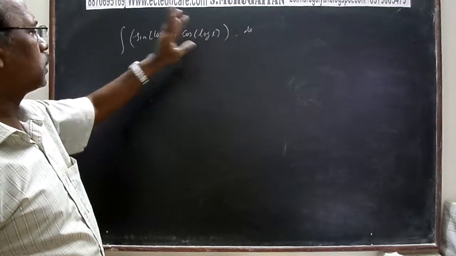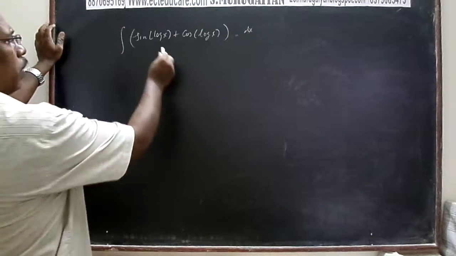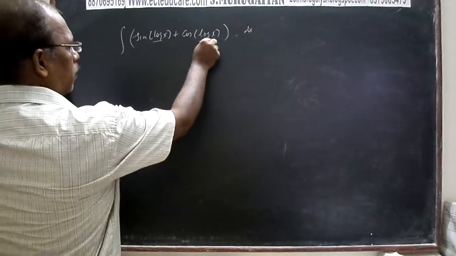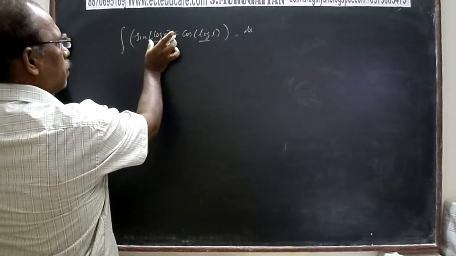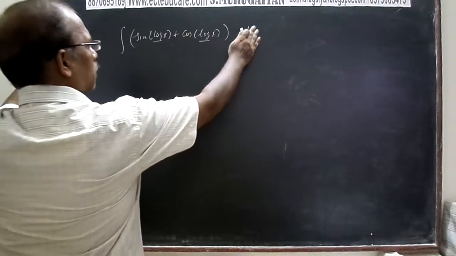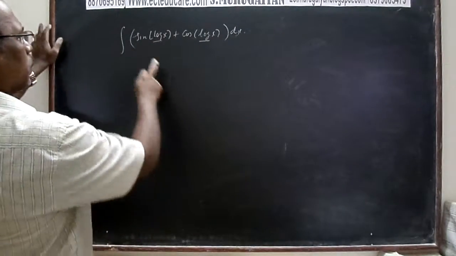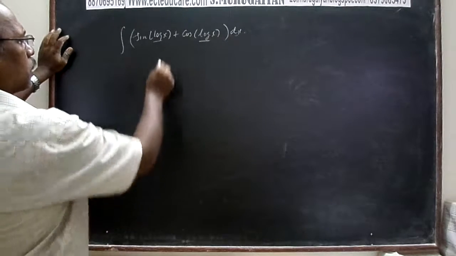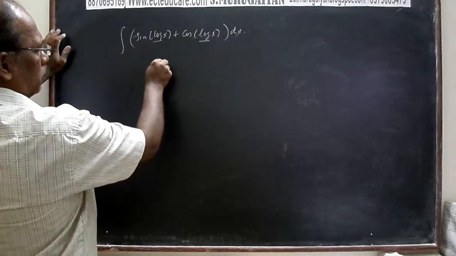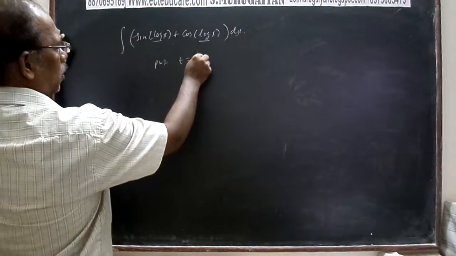So log x is the independent variable, and the integrand is in terms of log x. Because of that, we have to use substitution, putting t equal to log x.